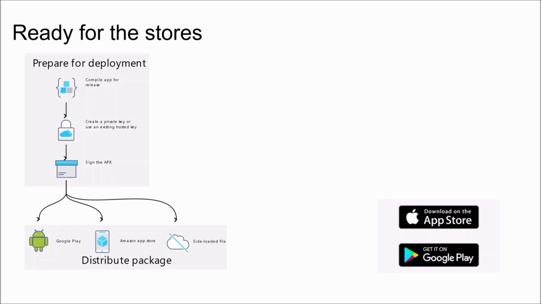So if you're aiming to create a mobile application, here I just put the Android example. You will need to have a developer account, compile and create your packages for release. You need to sign the APK that will be created, and then you can distribute it directly on the stores.